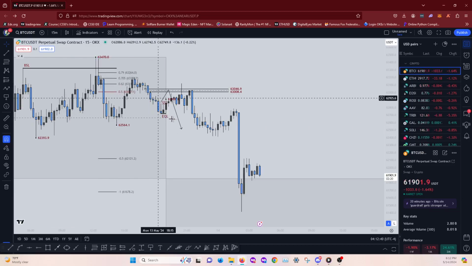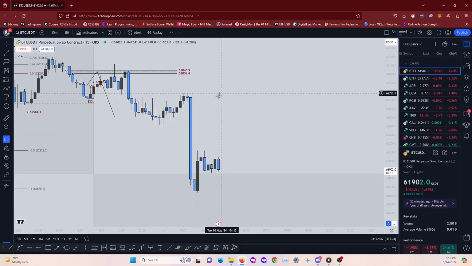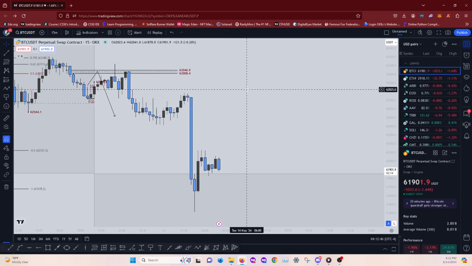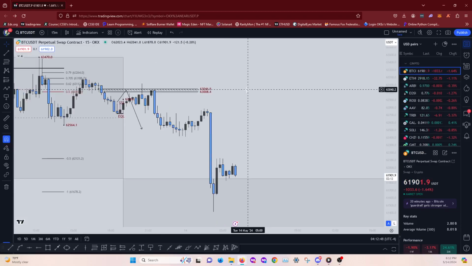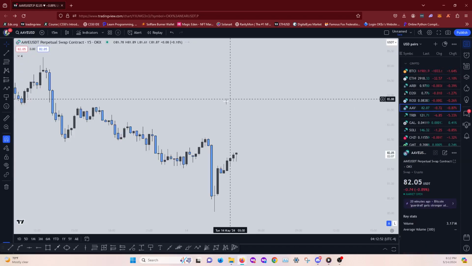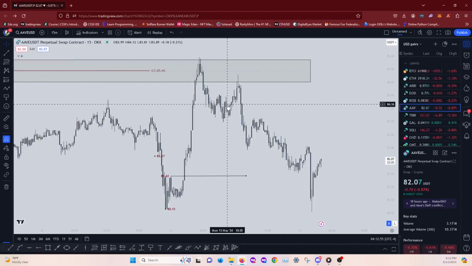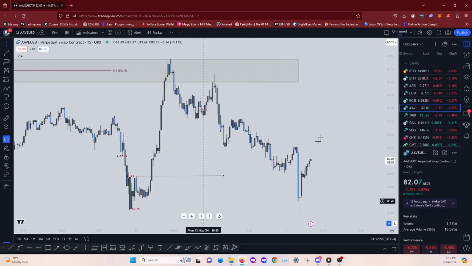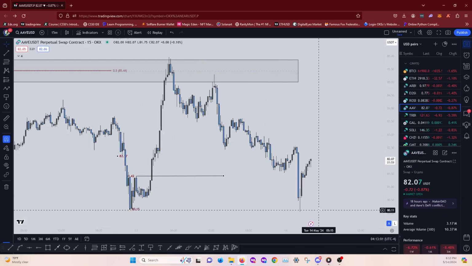We hit OTE, and yeah, we got that fair value gap entry. So yeah, that was nice. Obviously, Av did well as well. You can see that's our breaker block entry. We've actually hit all targets.